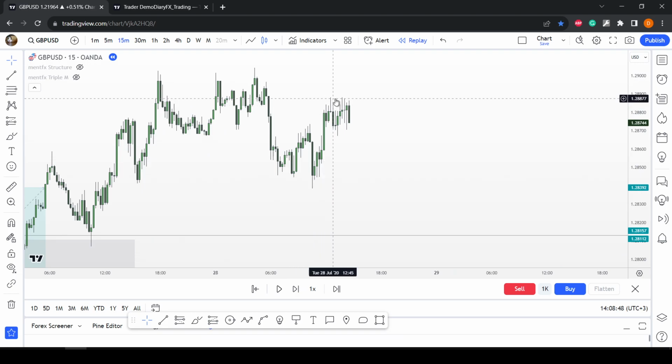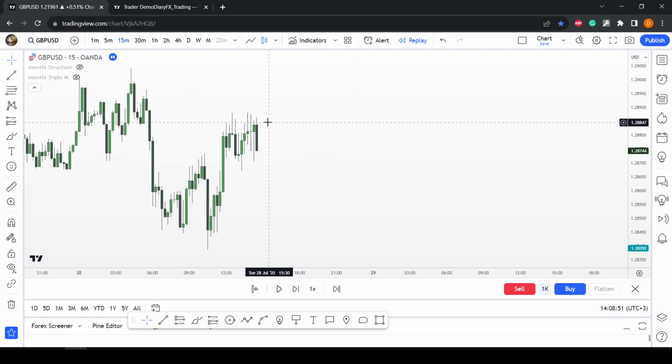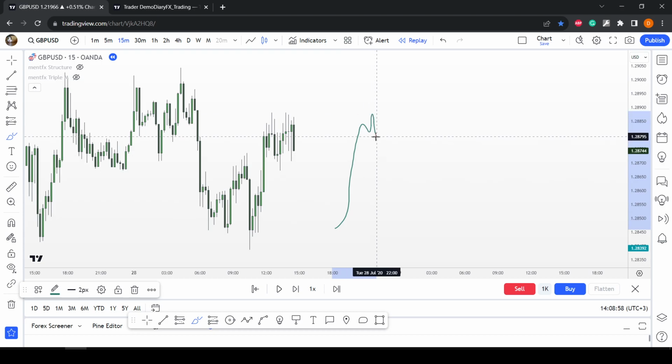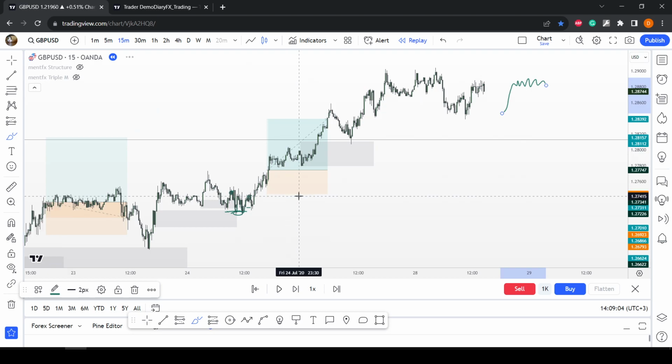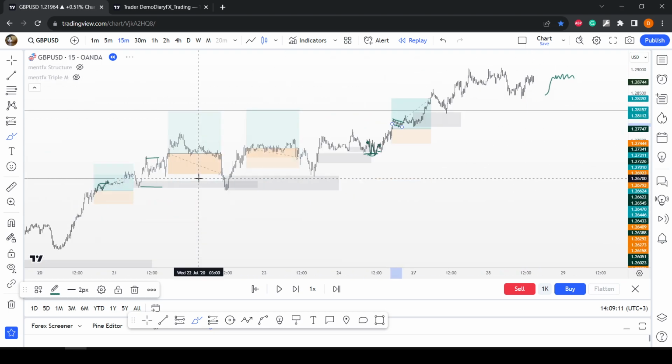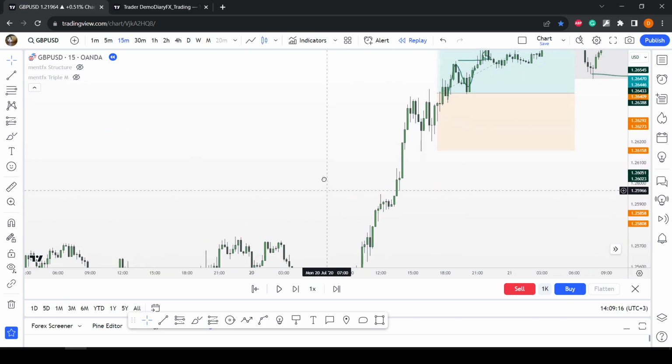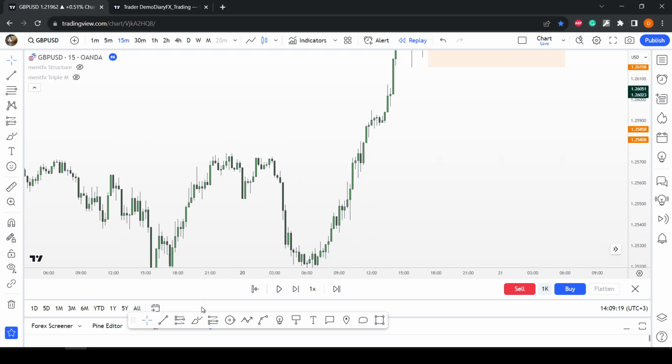We have this impulse, possible correction. The problem with this correction, as maybe you noticed, is that there are two types of correction: impulse, then wicky correction, like we have here. Then there is a second type of correction, wicky as well, but not as wide in the range. And then there is a correction where you just have a tightening: impulse, tightening, and impulse.